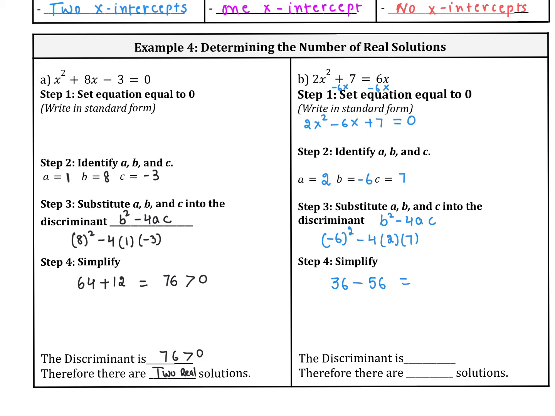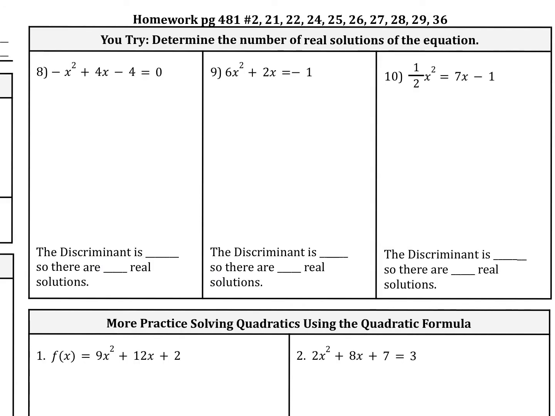So your discriminant is negative 20, which is less than 0. That means, therefore, there are no real solutions for this equation. Next, pause this video and try the You Try problems number 8, 9, and 10.